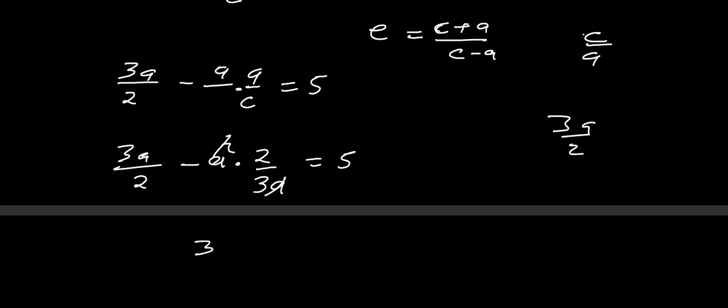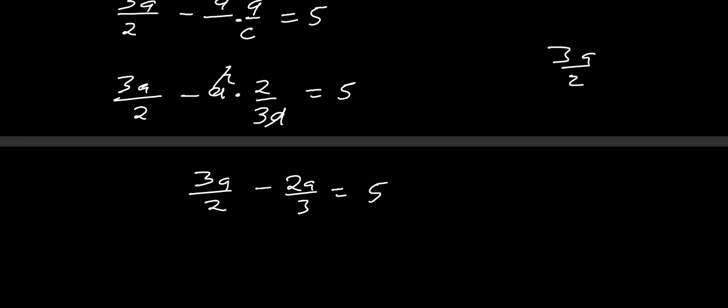I'm having 3A over 2 minus 2A over 3 is equal to 5. We can find the common denominator, this is 6. That's going to be 9A minus 4A is equal to 5. So we can cross multiply. You have 9A.